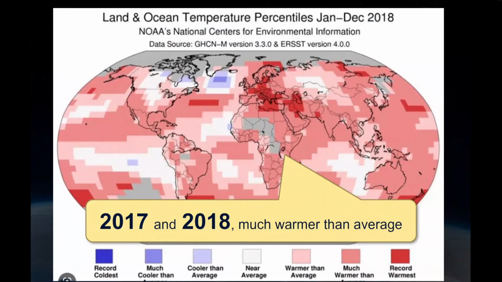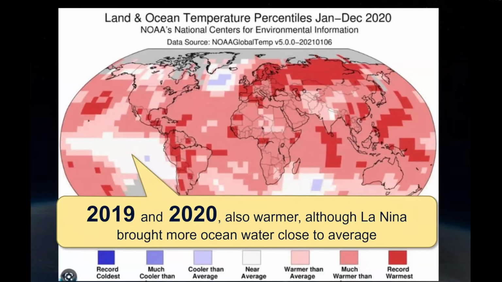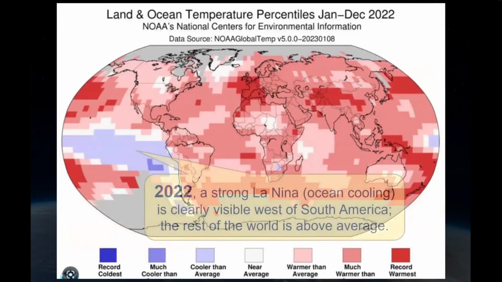2017 and 2018, it was much warmer than average almost everywhere except over near Iceland. 2019 and 2020, it was also warmer, but La Nina, the other half of the El Nino cycle, had made more ocean water a little bit colder off of South America.